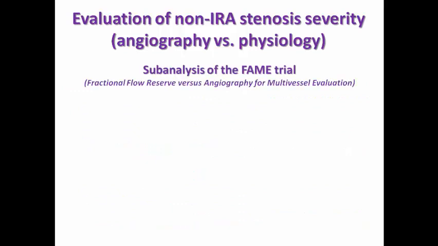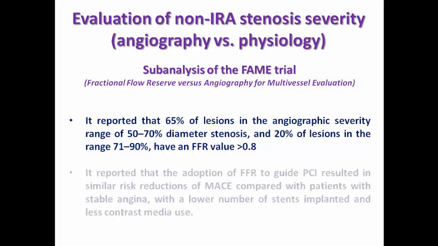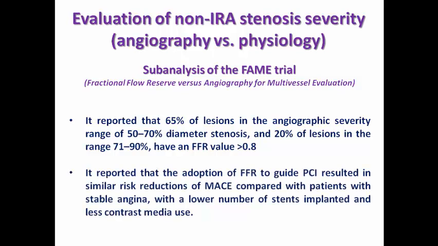In a sub-analysis of the FAME trial, it reported that 65% of lesions in the angiographic severity range of 50 to 70% diameter stenosis and 20% of lesions in the range of 71 to 90% have an FFR value of more than 0.8. So they are not functionally significant despite the intensity or the degree of stenosis.